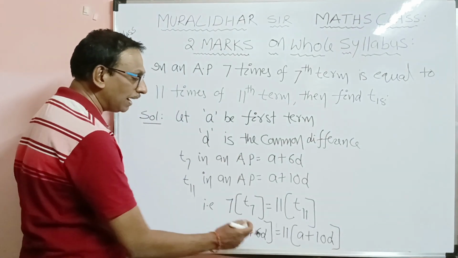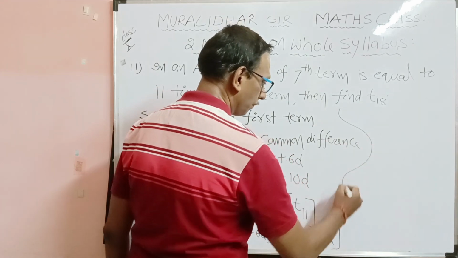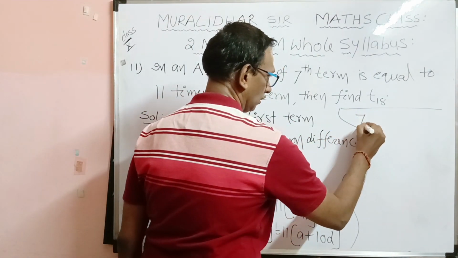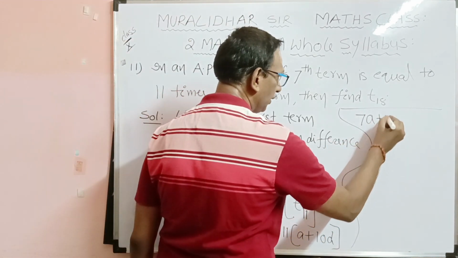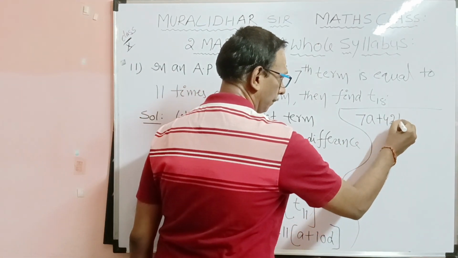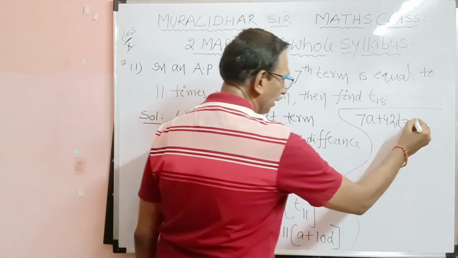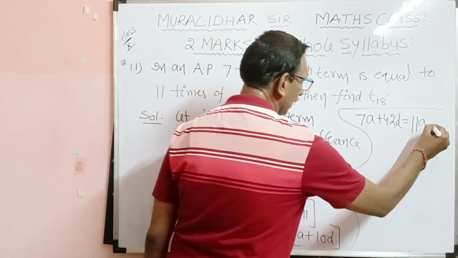Now multiply this bracket by 7. We get 7a plus 42d is equal to 11 into a, 11a plus 110d.